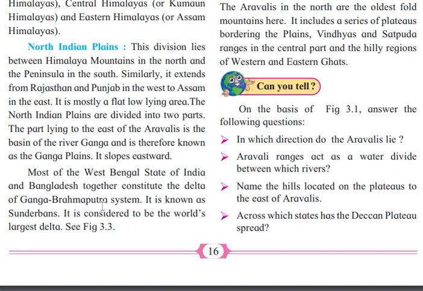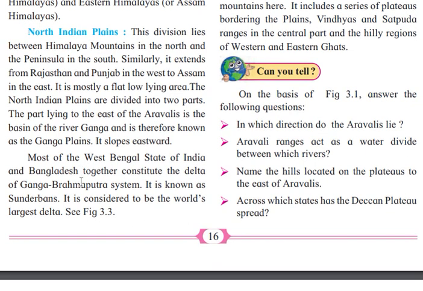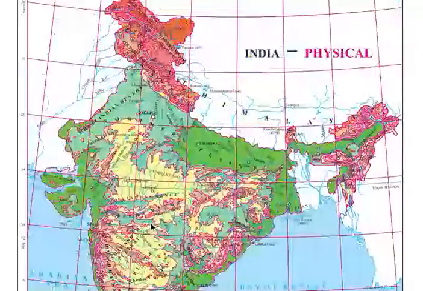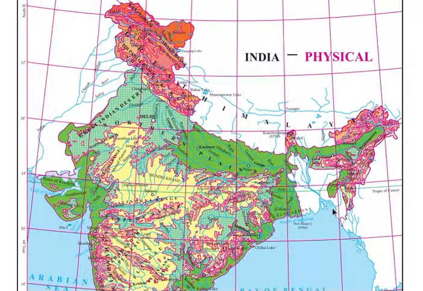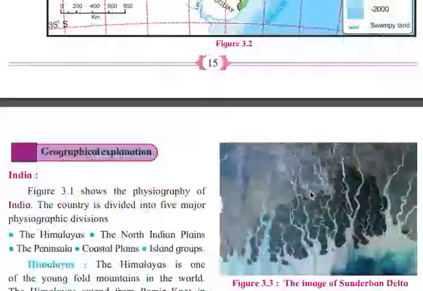So basically they are saying that the northern plains are divided into two parts. One part lies near the Aravallis, which means near Rajasthan, and is known as the Ganga plains, and it slopes eastward. Then West Bengal and Bangladesh together constitute a delta known as the Sundarbans. One plain is from here, another plain is near the Sundarbans.